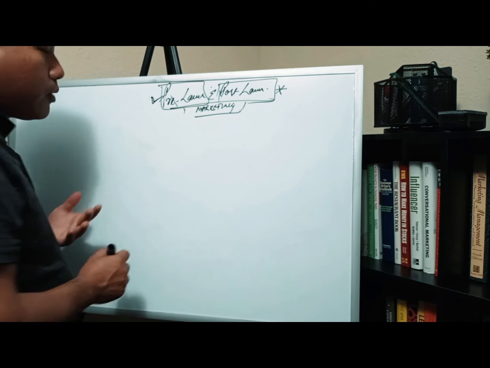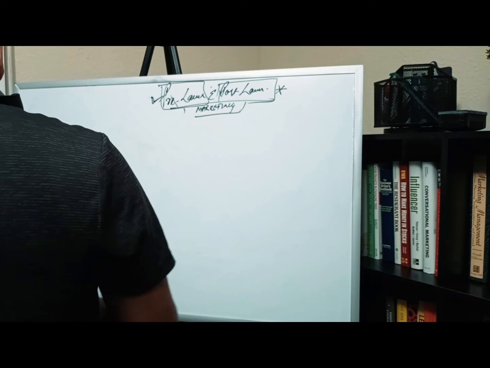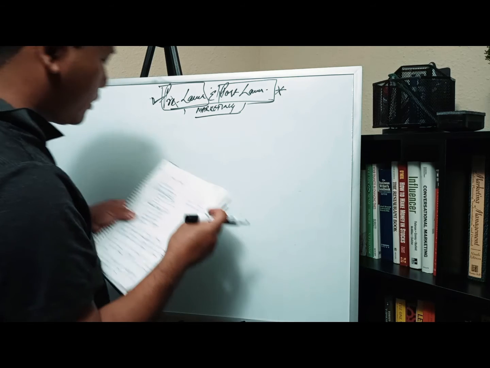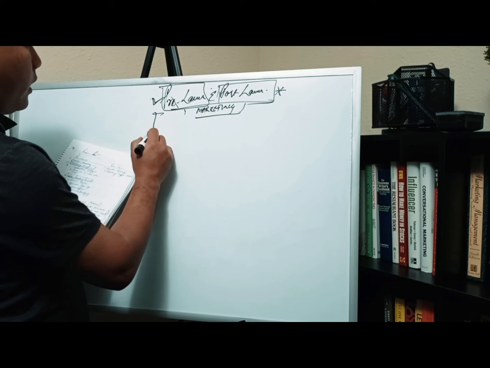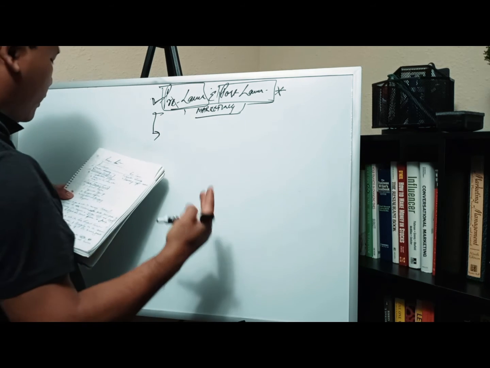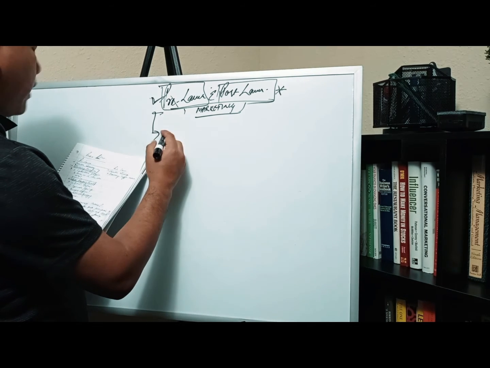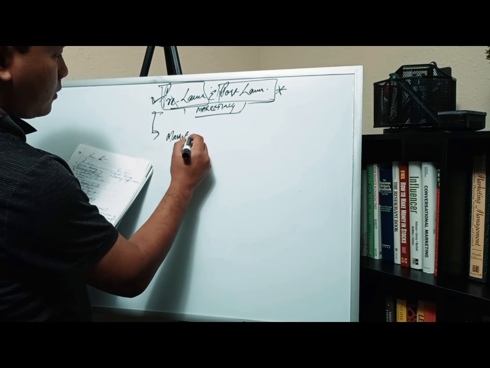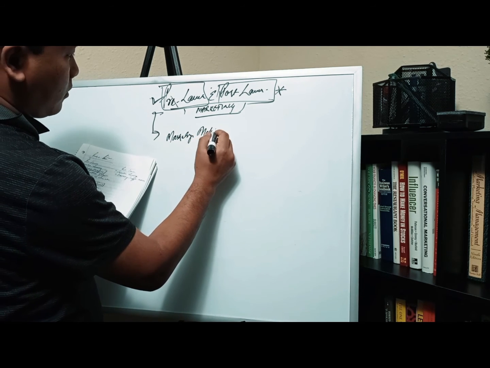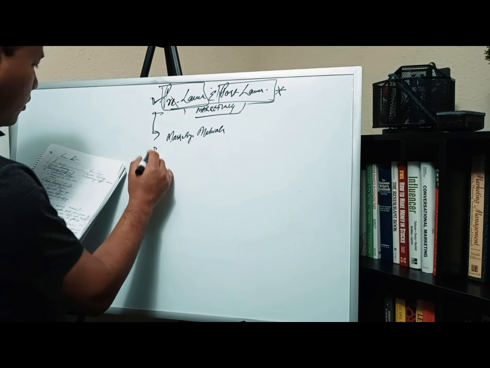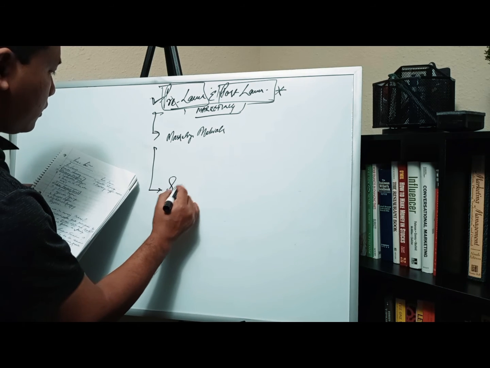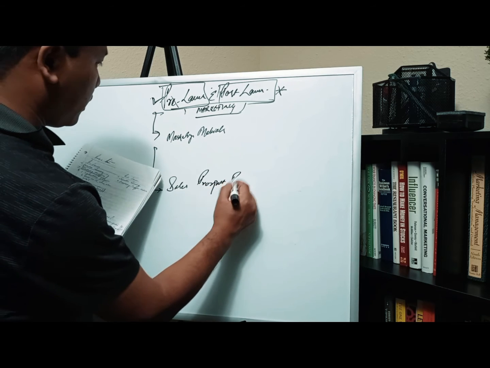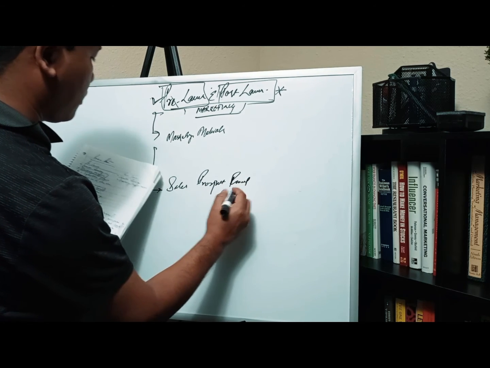So in the pre-launch part, as we have mentioned earlier, I have written down some contents here so that I can quickly share with you guys. In the pre-launch, what we need to focus on is mainly two things: the marketing materials, and the other one is the sales prospect funnel, right?